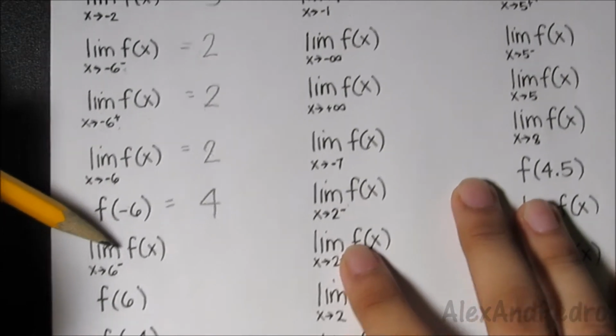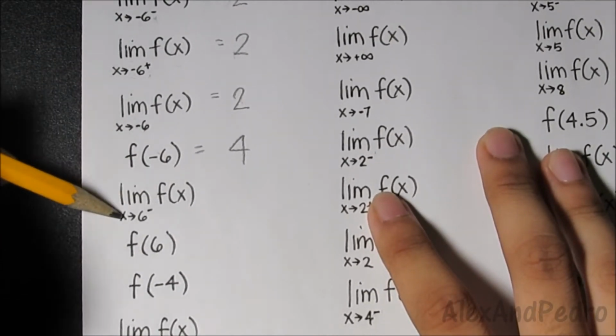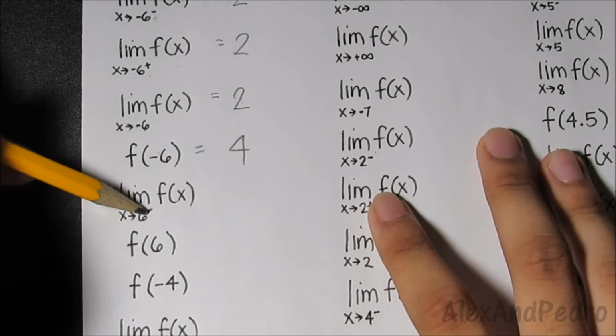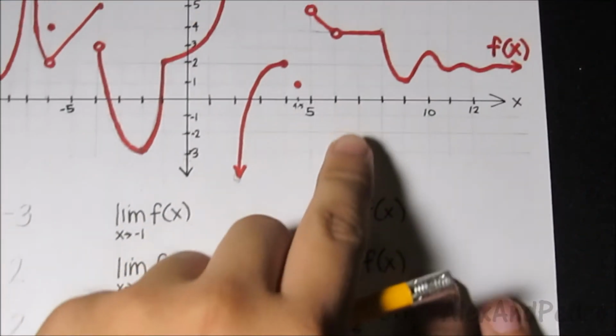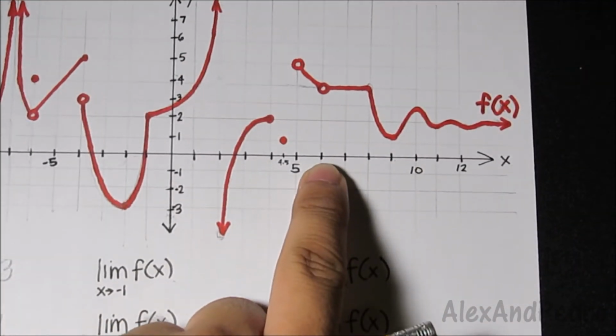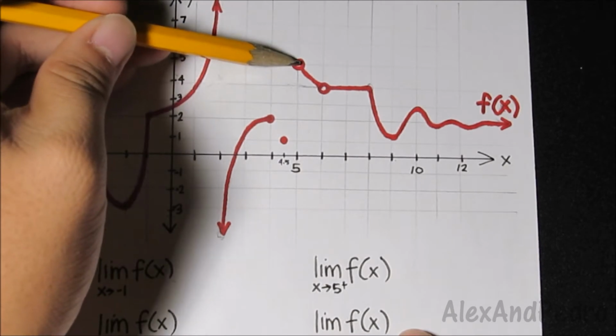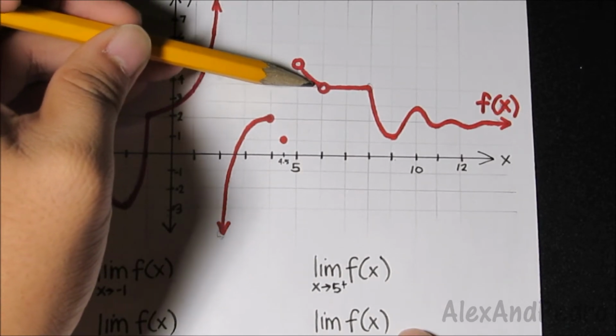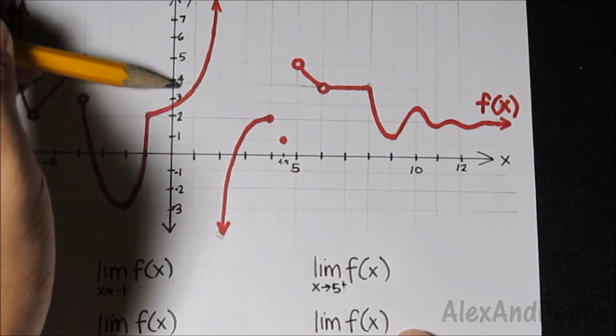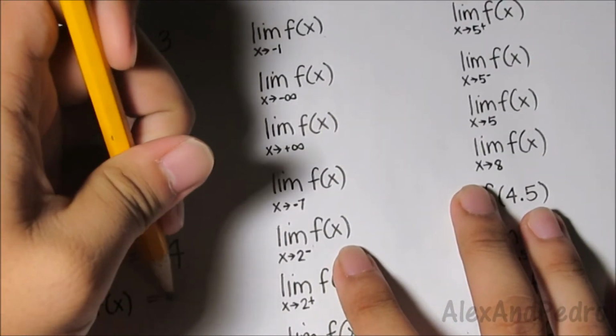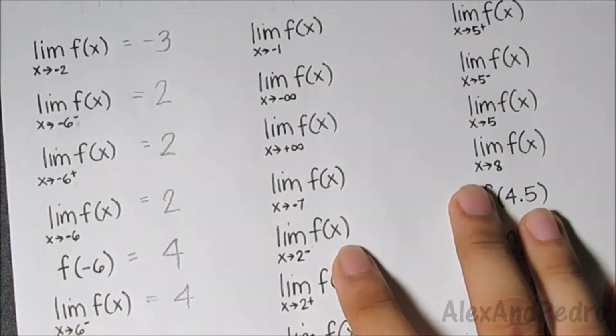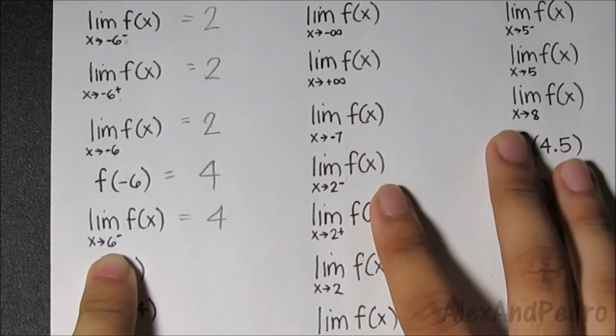So here, the limit of f of x as x approaches 6 from the left. So where is 6? Okay, 6 is here. So from the left, it reaches 4. So the limit of this function as it approaches 6 from the left is 4.